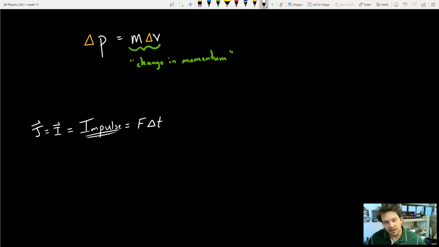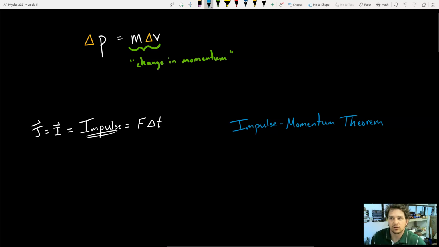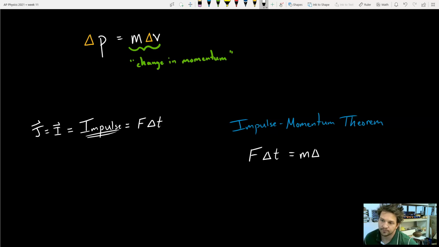So there's this thing called the impulse momentum theorem, and let's go over here. We have the, let's do it in blue, impulse momentum theorem. And that basically links these two things together, and we say that the force acting on something over an amount of time is equal to its change in momentum.